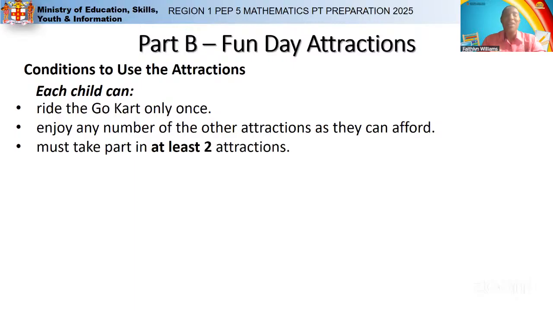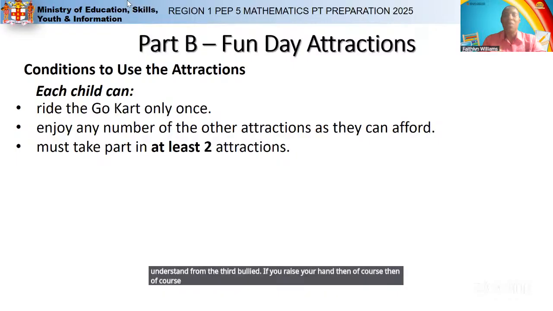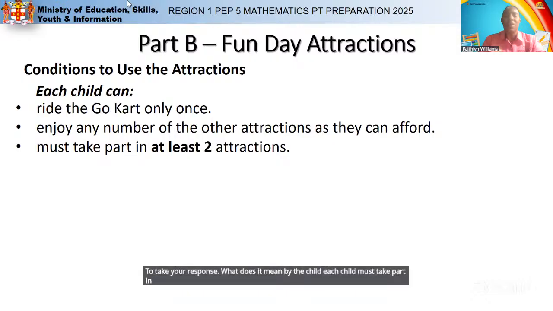And each child can and must take part in at least 2 attractions. I wonder if anybody wants to just tell me what that means. What do you understand from the third bullet? If you raise your hand, then of course we are ready to take your response. What does it mean by each child must take part in at least 2 attractions?